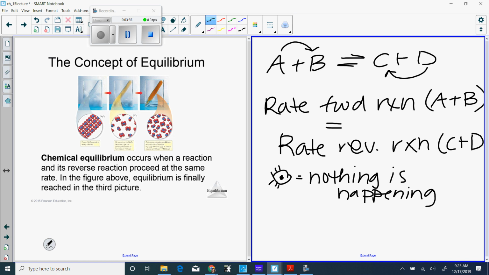Because purple's turning back, but at the same time it's turning back to purple. So when we look at it, we're like, okay, nothing's happening. But really, it's just happening at the same rate.